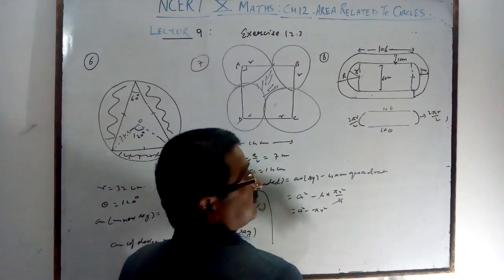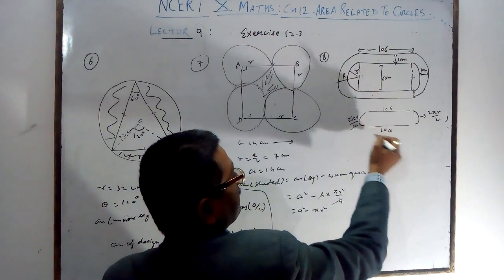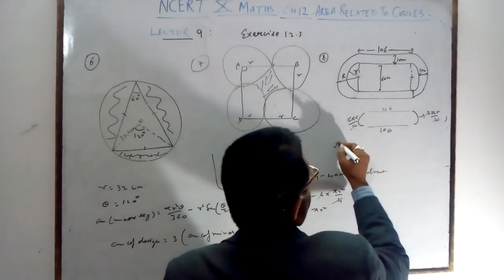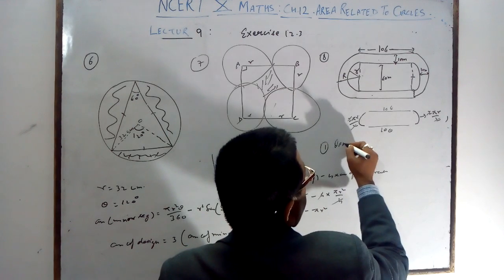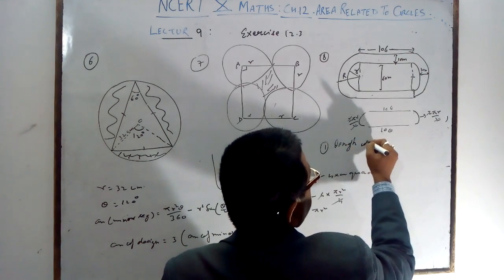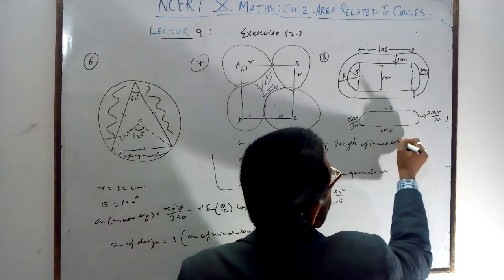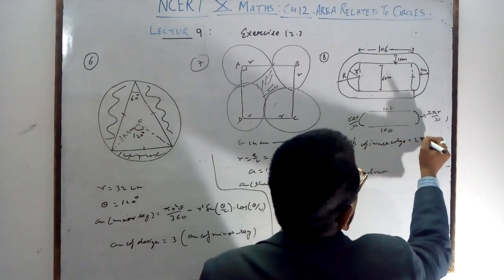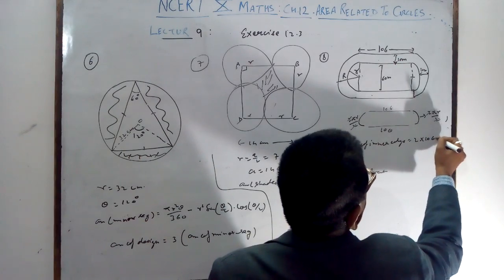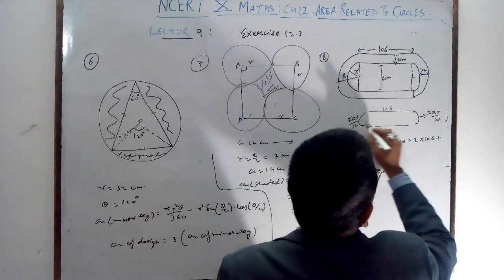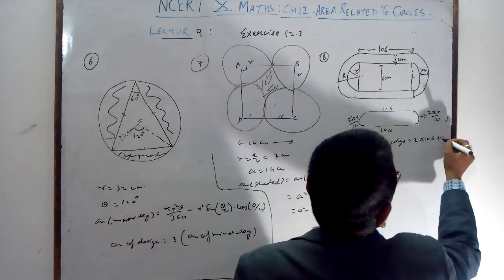Twice the semicircle is the same as the circumference of the circle. So the length of the inner edge is equal to 2 into 106 plus pi r plus pi r, that is 2 pi r.